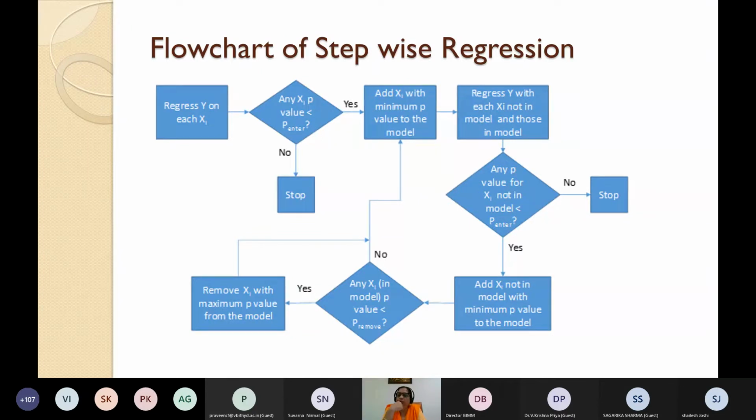If there are no more values which are lesser, then you stop. If they are there, you bring that variable into the equation and again regress. So this goes on till you achieve a model wherein no possible deletion or no possible entry of a variable is permissible.